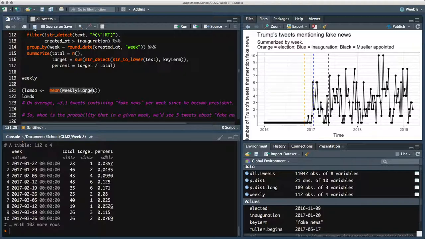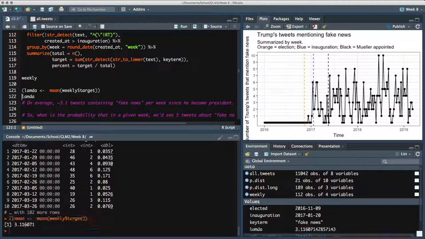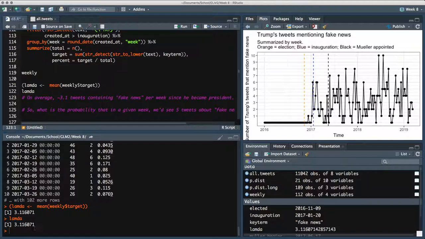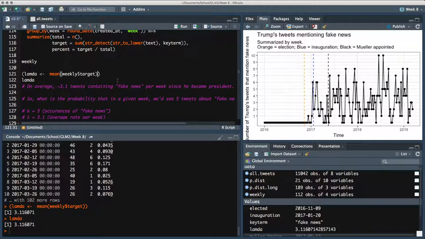If I take the mean of the target variable, the number of occurrences of fake news, and store that as lambda, we see that on average there are 3.12 occurrences of fake news per week. So that lambda value, our average, is 3.12.